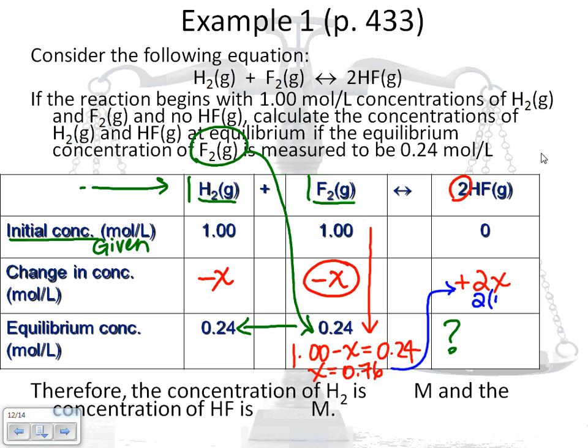So 2 times 0.76 gives me my answer, which is what I'm looking for here, 1.52 moles per liter. So in my last statement, the concentration of H2 is 0.24, the same as F2, and the concentration of HF is 1.52 molar when the system reaches equilibrium.